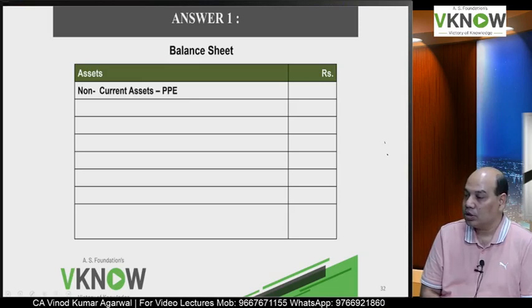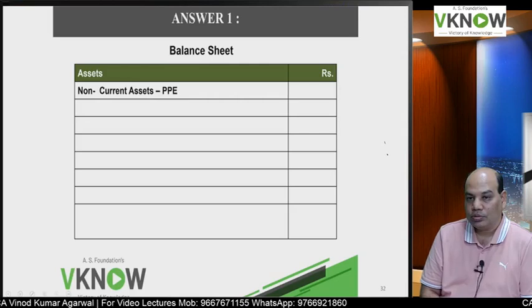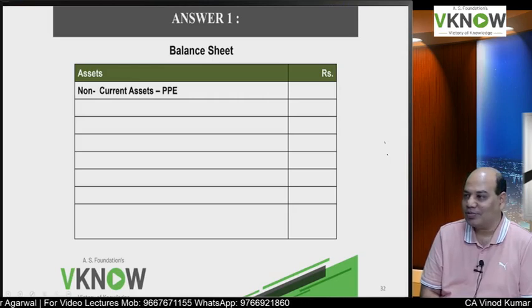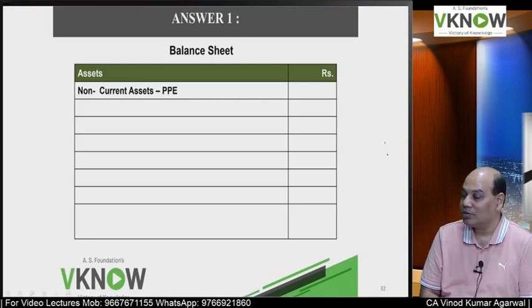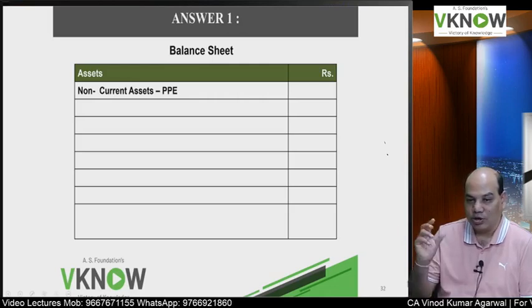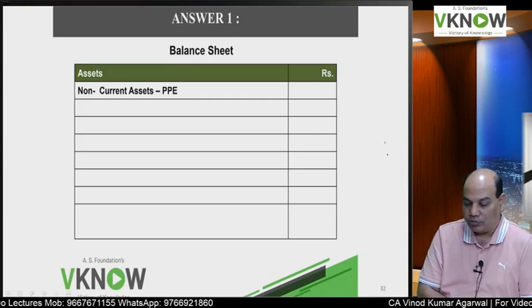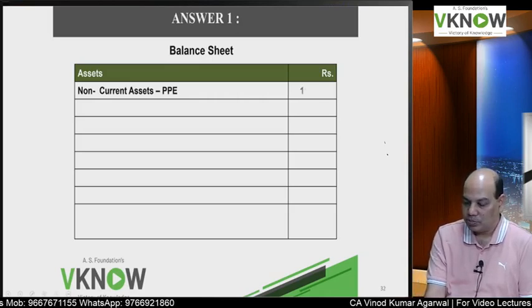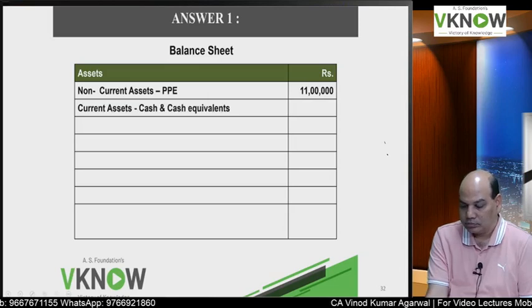So now in the schedule 3 division 2, it starts from asset side. Okay, whereas in schedule 3 division 1, it starts from equity and liabilities. That is also one important care you have to take. So first you will write assets, non-current asset, PP. PP will be same 11 lakh.